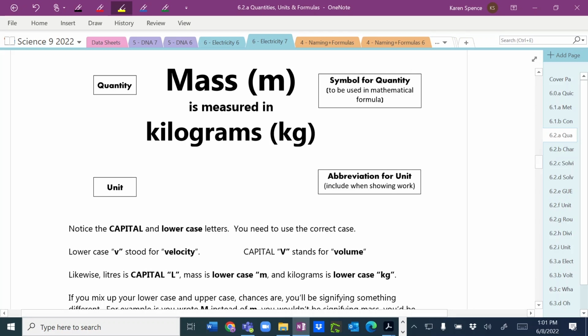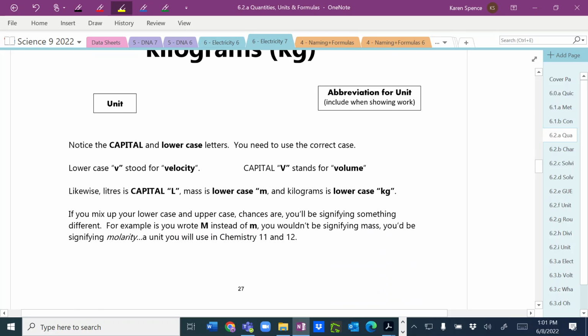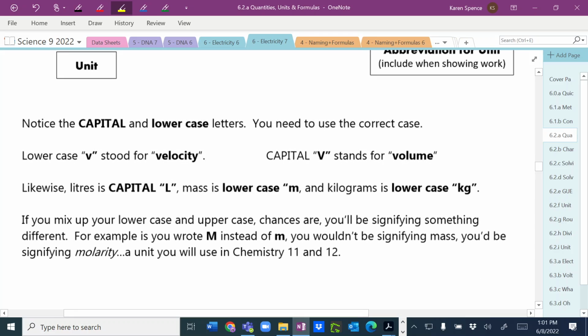Make sure you're using the correct lowercase and uppercase. Lowercase v is for velocity, uppercase V is for volume. Capital L is for liter, lowercase m is for mass, lowercase kg for kg.